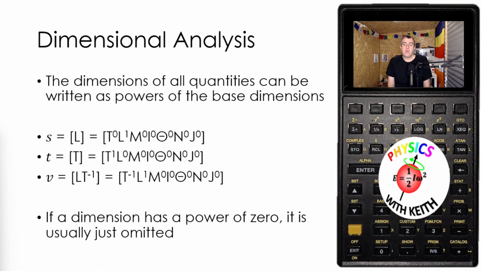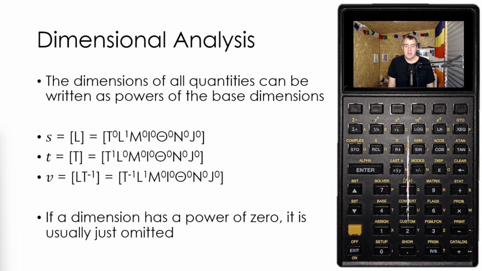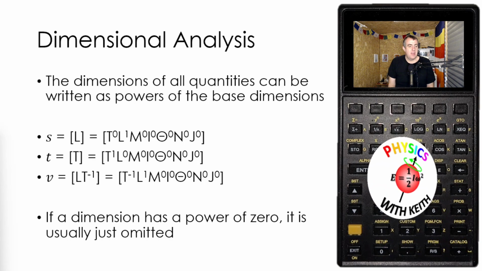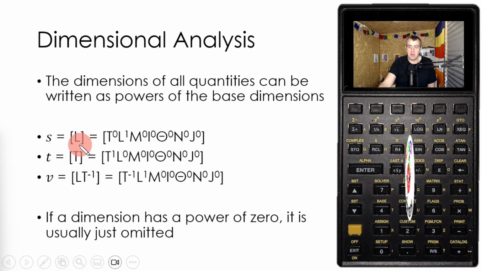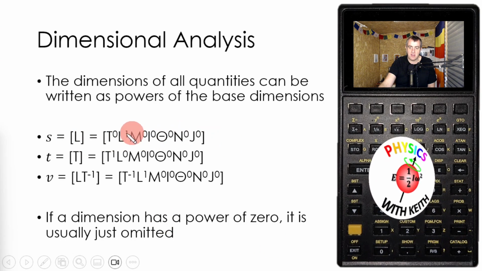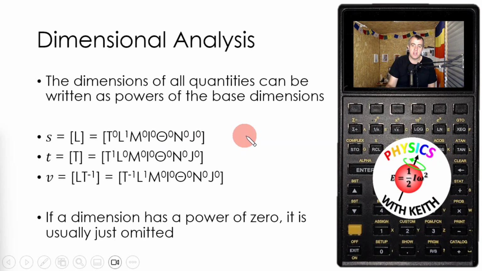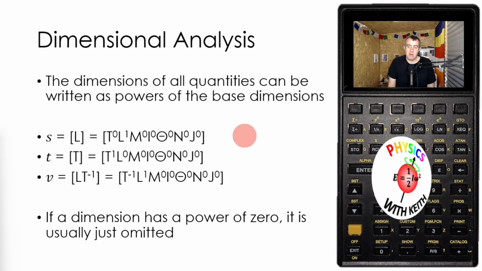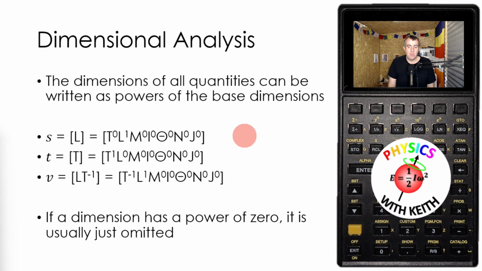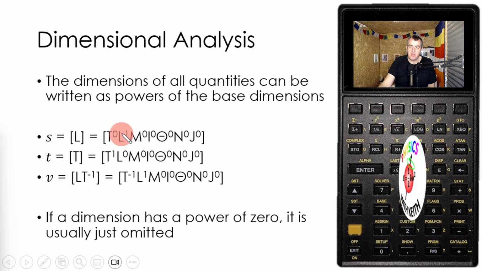So, dimensions of quantities. There's a displacement, there's a time. The dimension of a displacement is a length, and that can be expressed like this. That's the product of all 7 dimensions with powers. Now you'll notice that all except length, the power is 0. The power for length is 1.